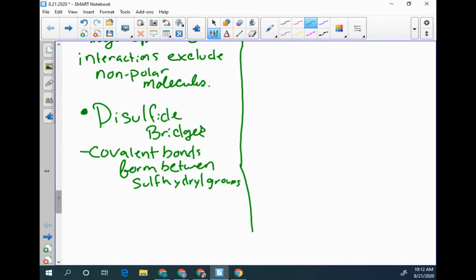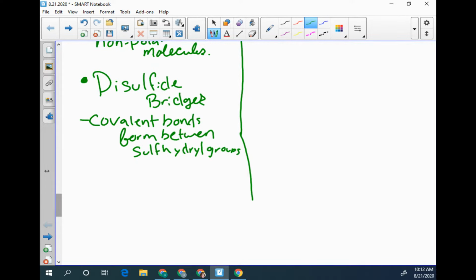So some of those amino acid side chains have sulfhydryl groups in them. If you remember what a sulfhydryl group is, I believe it's just a sulfur and a hydrogen.